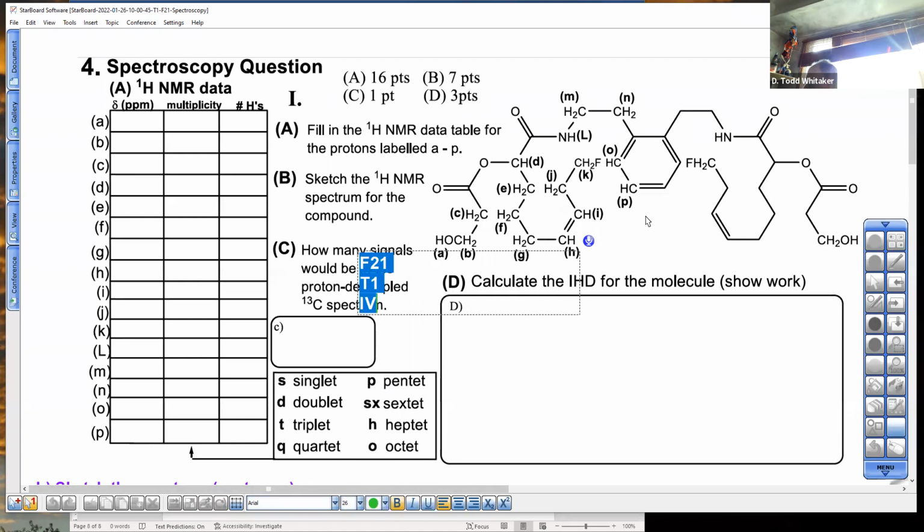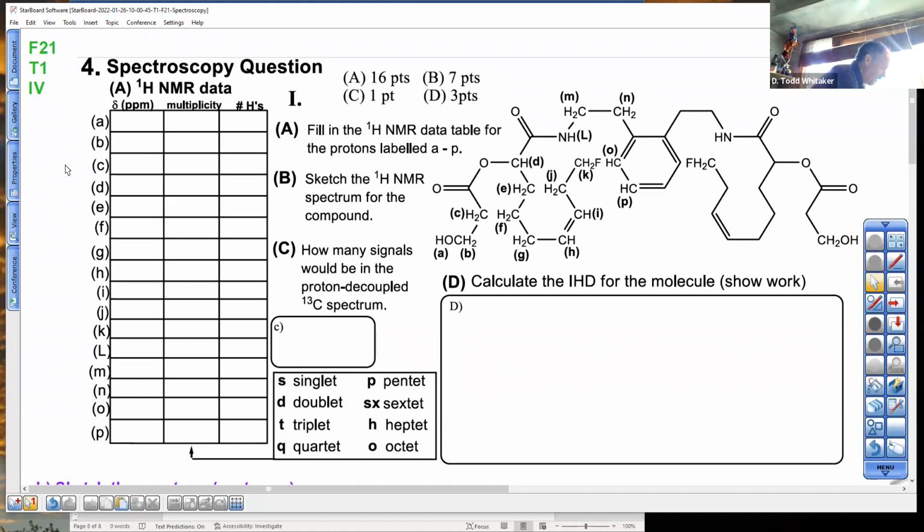And here we are. And we're going to get busy. Here we are. We got a big old molecule. You're hoping for an even bigger molecule. The bigger it is, the more easy points you get.